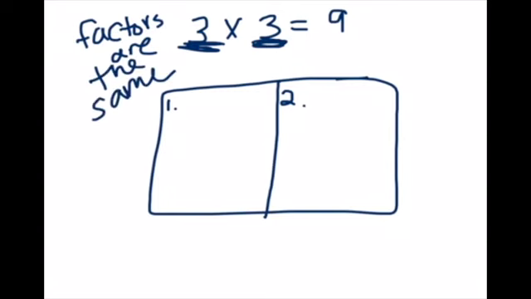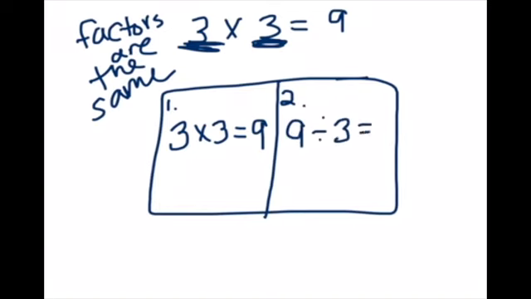Of course, we know 3 times 3 is 9 because I have it right up there. And then what would be the division sentence? 9 divided by 3 equals 3. Because see, if I did the commutative property, oh, it's the same. So that's kind of pointless.